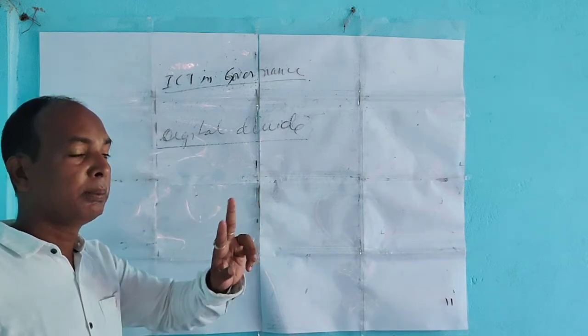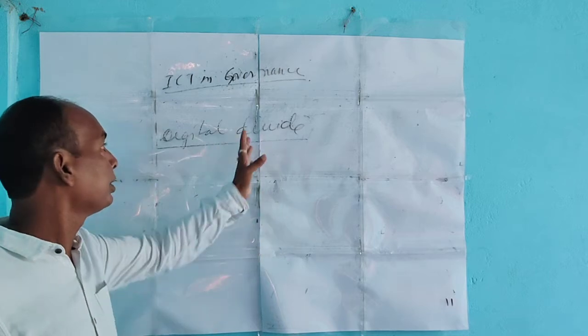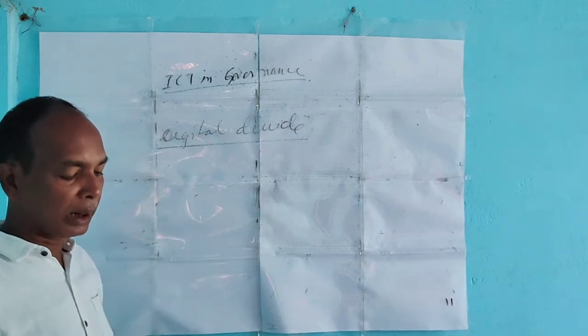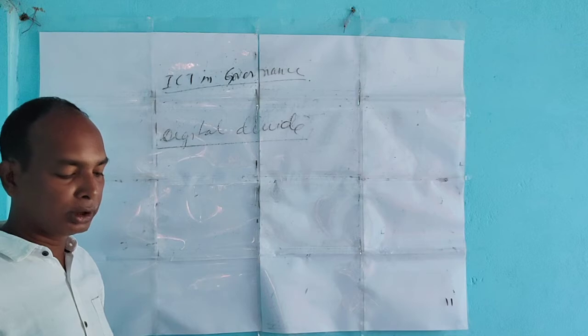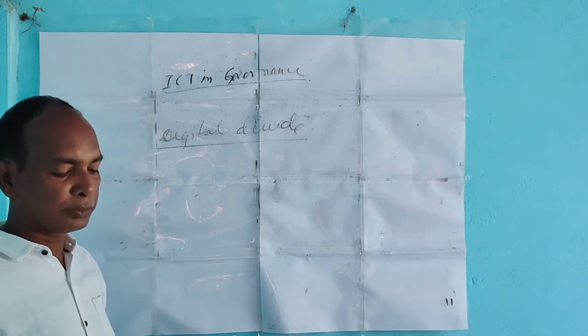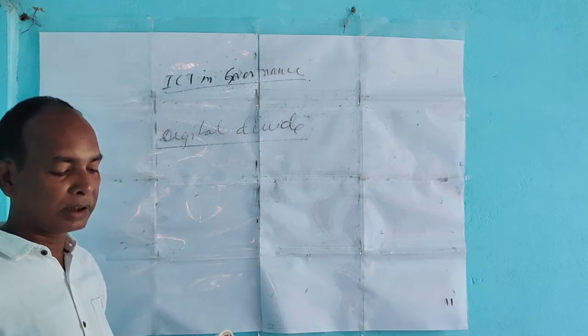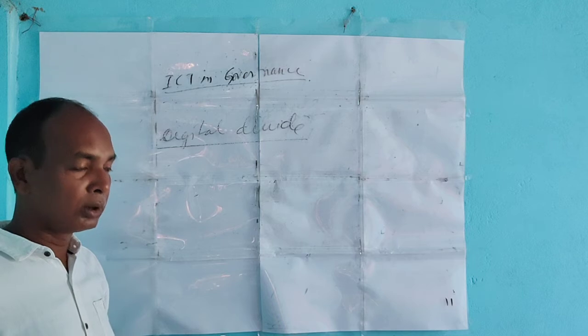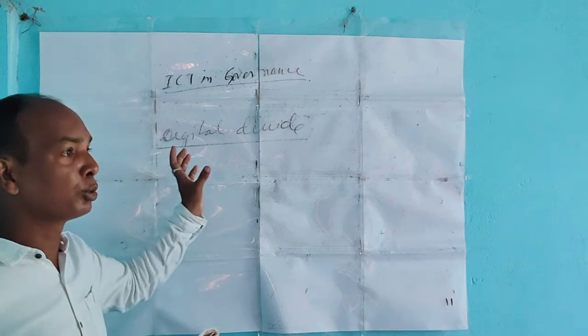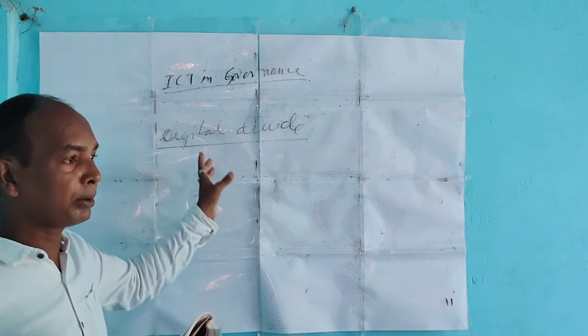These two parts make a digital divide. It refers to the gap between the people who have access to modern information technology such as mobile phones, computers, internet, etc., and the knowledge to use them, and people who do not have access and knowledge to use them. So these things divide people into two parts, creating the gap.